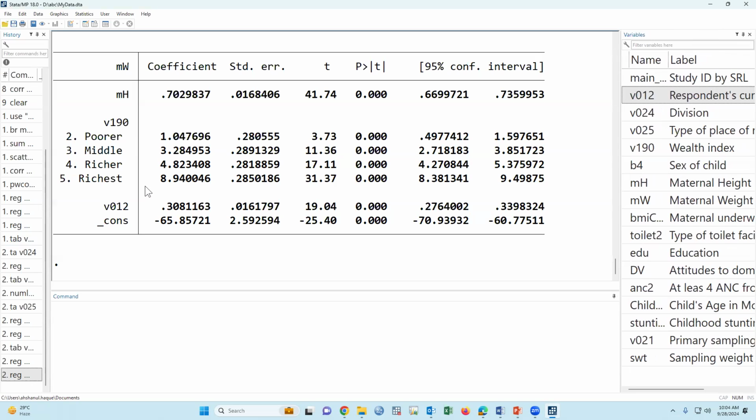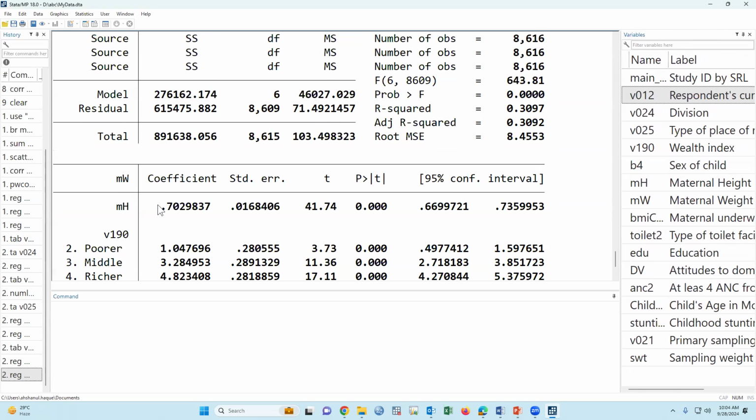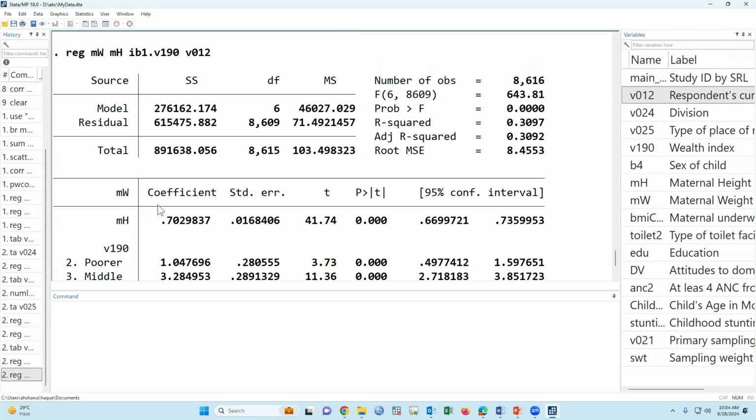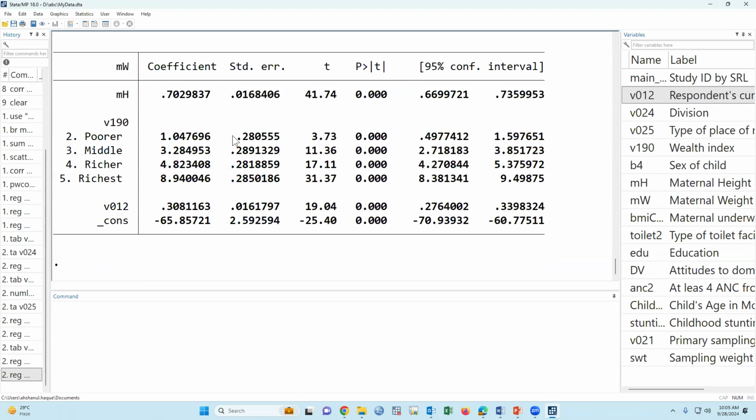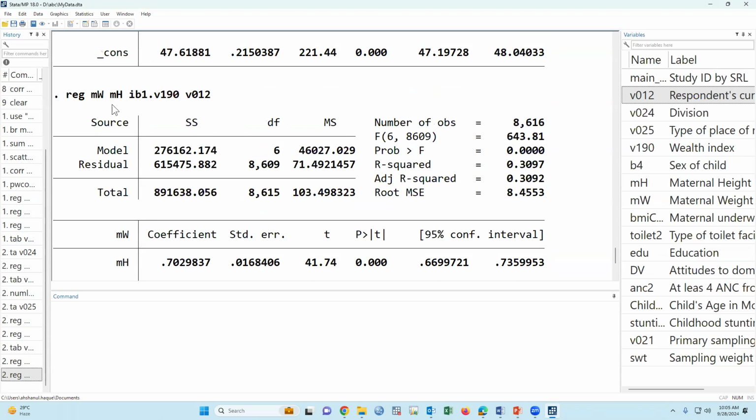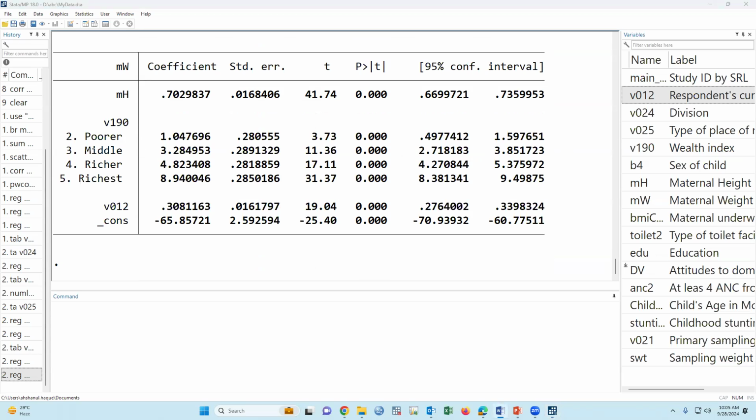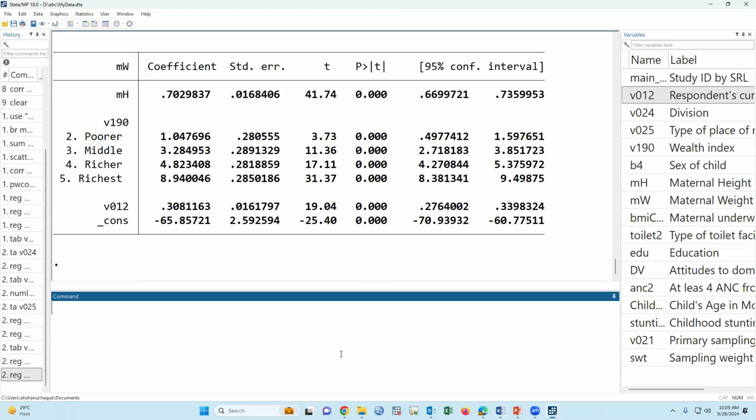So if we use linear regression, then we have to test the regression diagnostics, because there are some assumptions. The main assumption is heteroscedasticity. After running the full regression model, the test is called estat hettest.